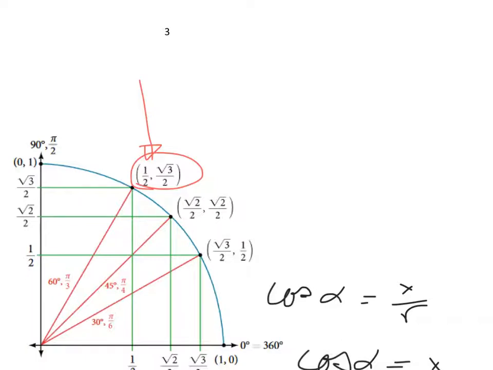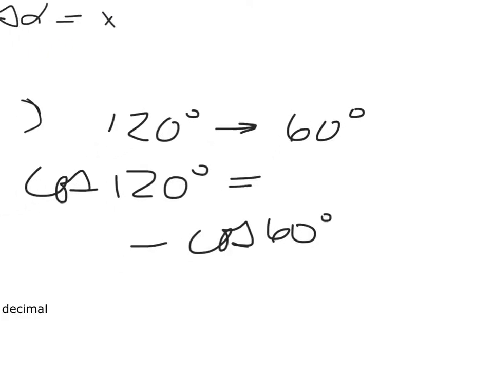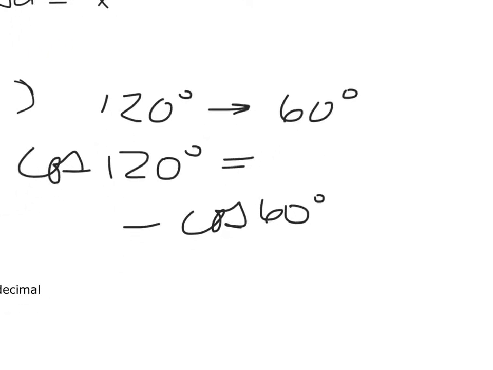But since I'm in quadrant number 2, this is going to be the negative, because that's where my terminal side is. So my final answer is negative 1/2, and that's the exact value.